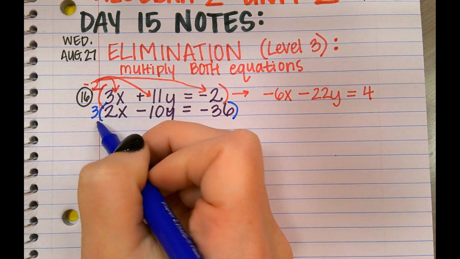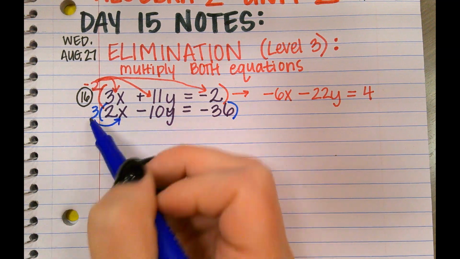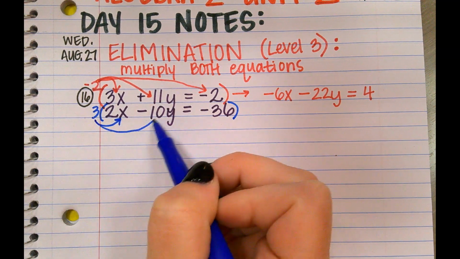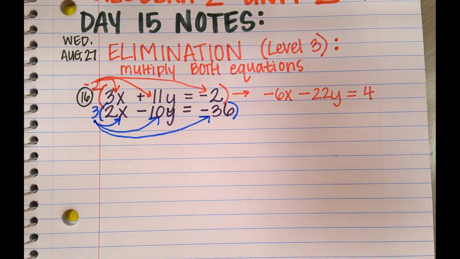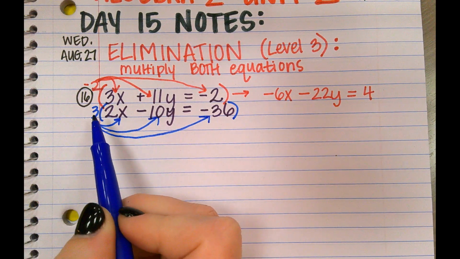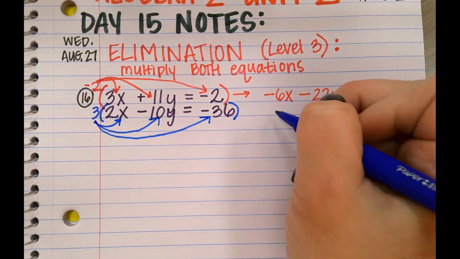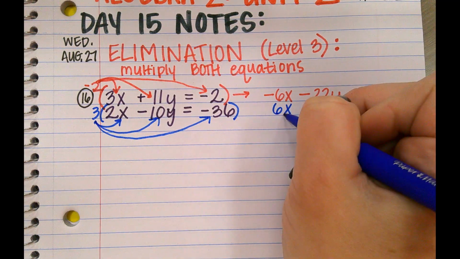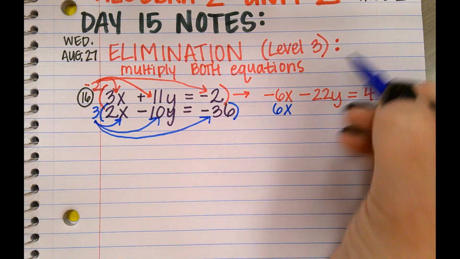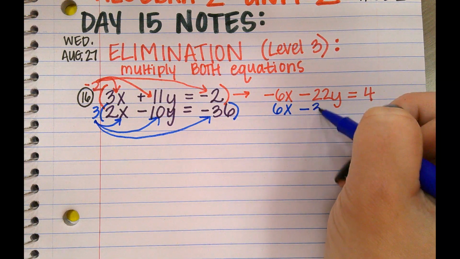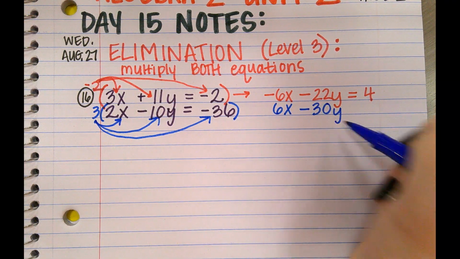We do the same thing underneath, but this time don't multiply by -2 again. Now we're going to multiply by 3. So 3 times 2x, 6x. 3 times -10y, -30y.